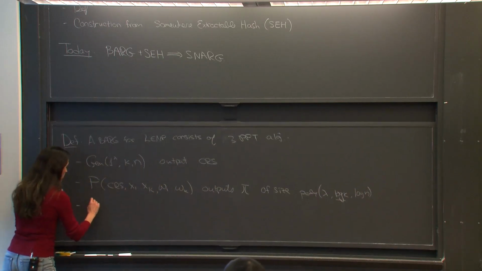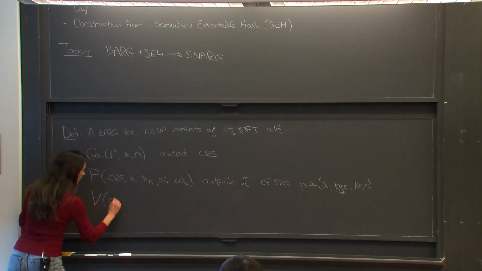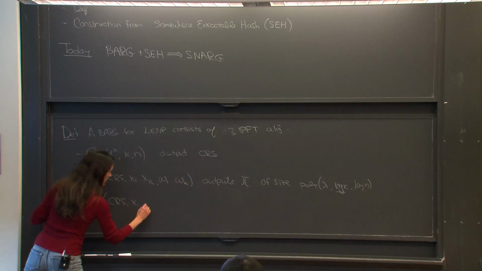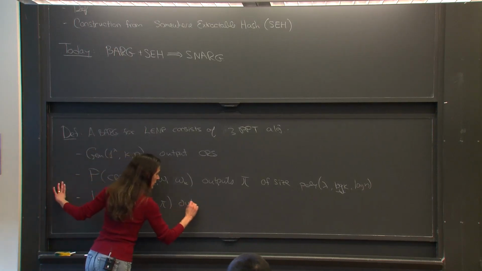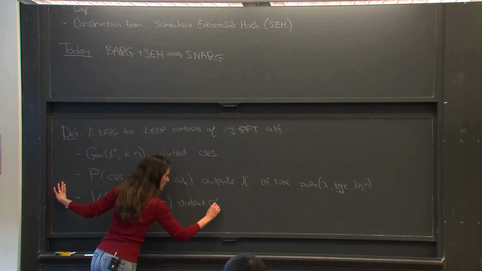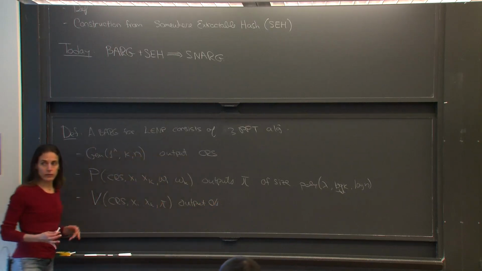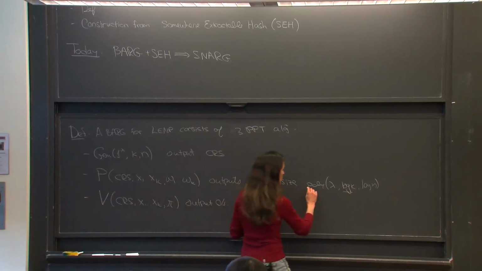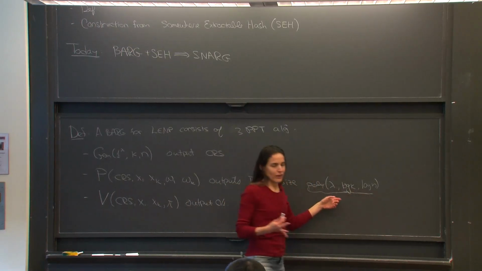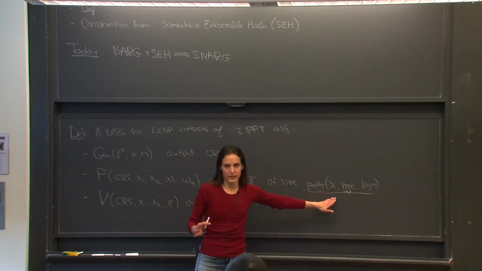And the verifier takes as input the CRS, the instances, and a proof, and it outputs 0 or 1, accept or reject. When I say the size of the proof is this, actually, you can make it bigger or smaller, but we want it to be succinct.